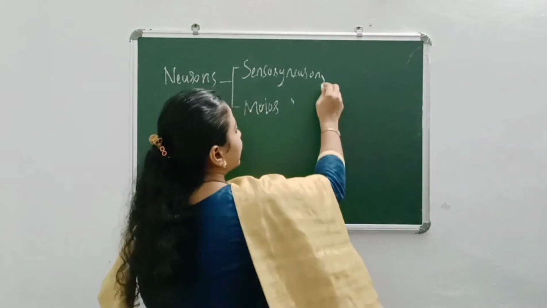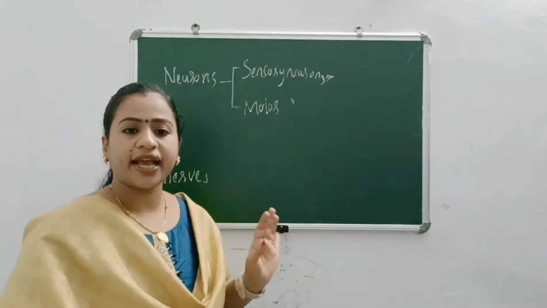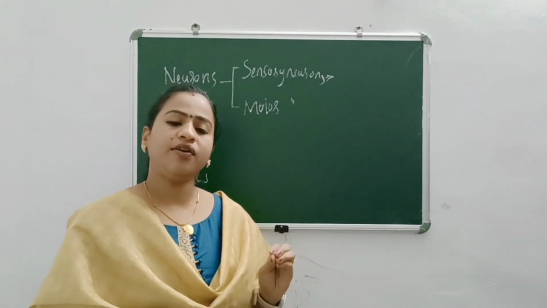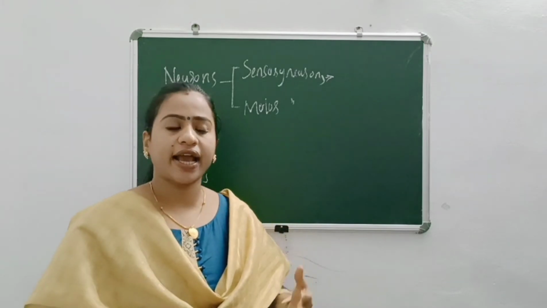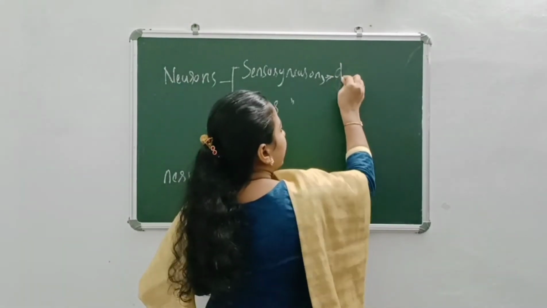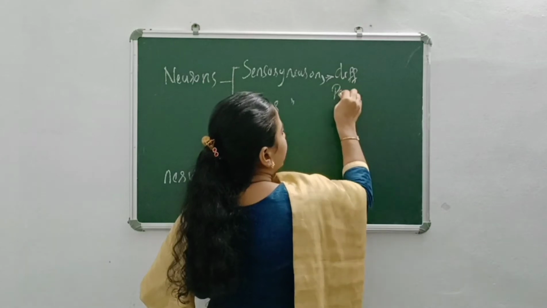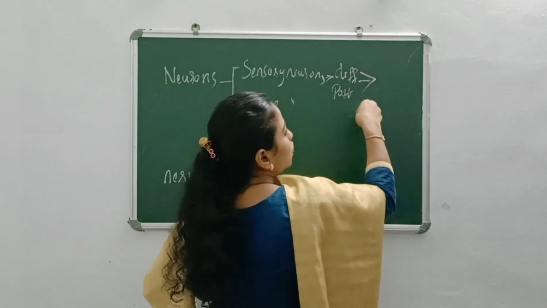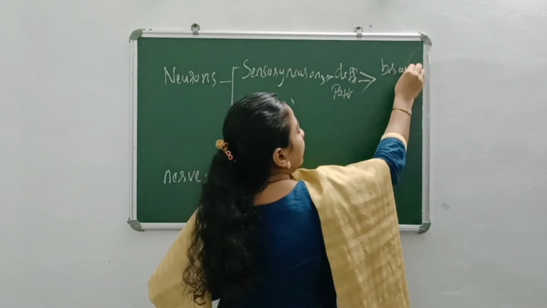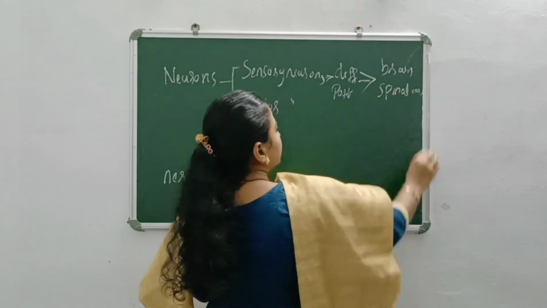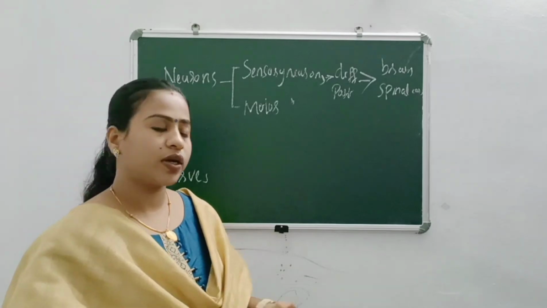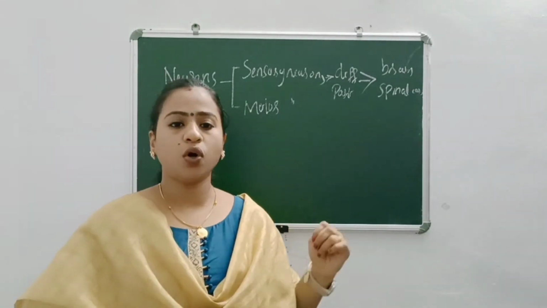In the case of sensory neurons, they carry impulses from the different parts of the body to the brain and spinal cord. Okay, the next one is the motor neuron.